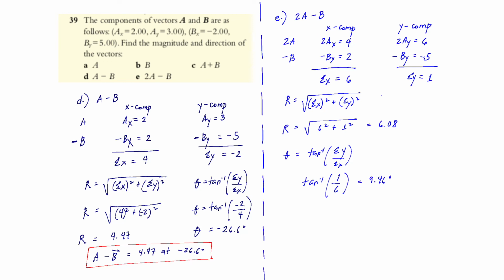And so our resultant value is 6.08 at 9.46 degrees, and this can be represented by 2a minus b.